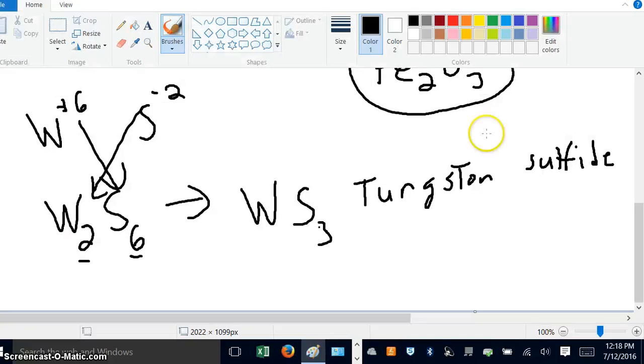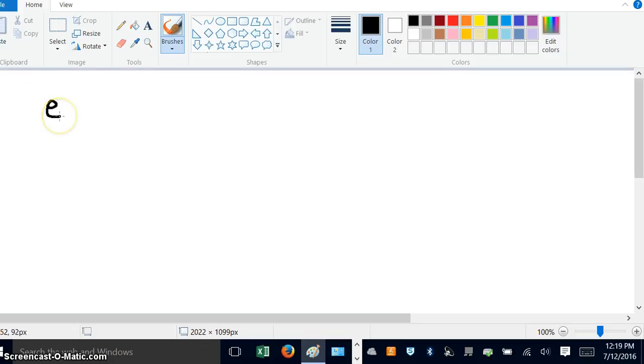Let's say we had lead 4, and 4 would be IV. So lead 4. That's a perfectly good way of writing the Roman numeral 4. You could write it like that, or do it like that as well.